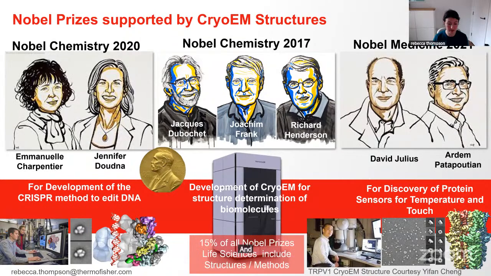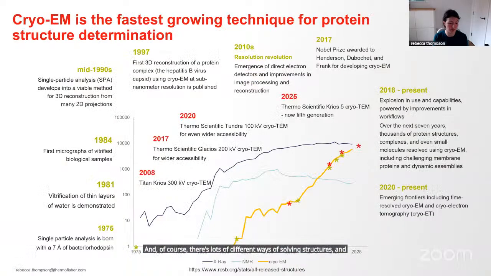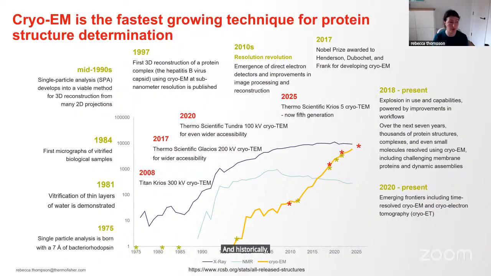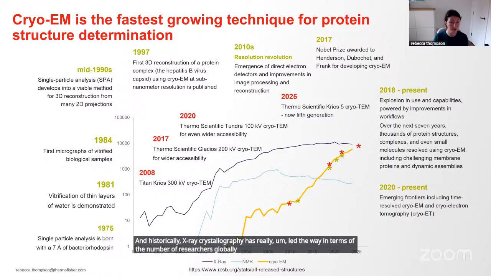And of course, there are lots of different ways of solving structures, and I'm sure you're all very aware of X-ray crystallography and NMR as other structure determination techniques. Historically, X-ray crystallography has really led the way in terms of the number of researchers globally solving structures.